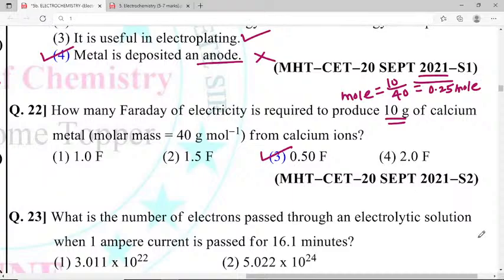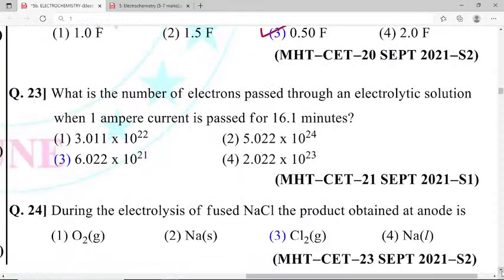What is the number of electrons passed through the electrolytic solution when a current of 1 ampere flows for 16.1 multiplied by 60 seconds? It should be in seconds. So how to calculate the number of electrons?